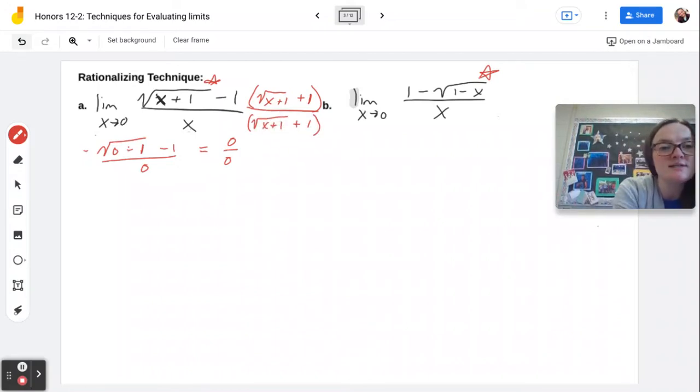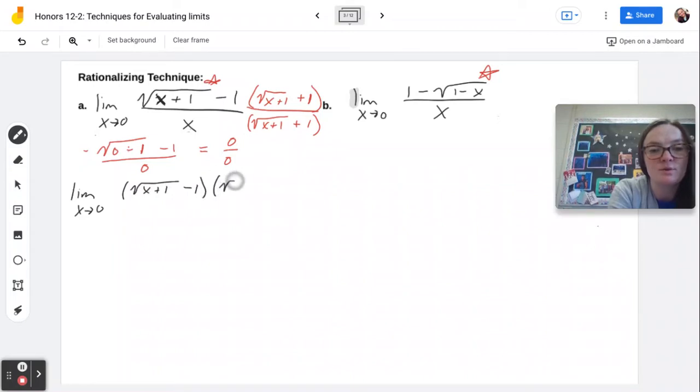Okay, so let's go ahead and see how this new limit's going to play out. So now our new limit is going to be the limit as x approaches 0 of the square root of x plus 1 minus 1 times the square root of x plus 1 plus 1 all over x times the square root of x plus 1 plus 1.